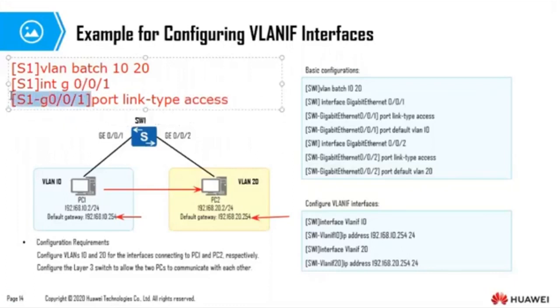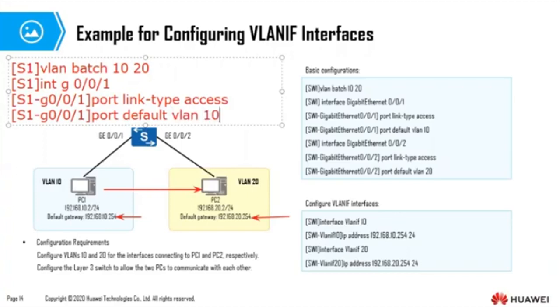Then after we are done with that, we can configure this port to be on VLAN 10. So port default vlan 10 like that. Similarly, you can go to this interface GE0/0/2 and add it to VLAN 20 using the same command.